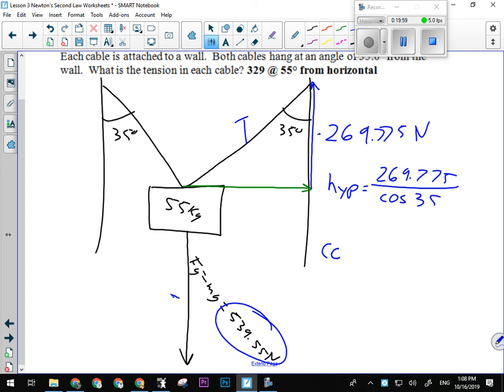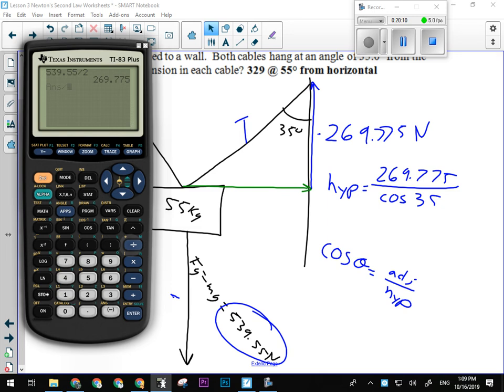Remember, the cos of theta equals adjacent divided by hypotenuse. All I did was manipulate. We get our 329 newtons. Everybody all right with that?